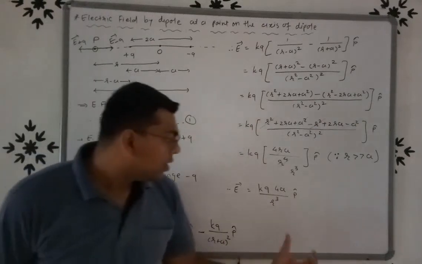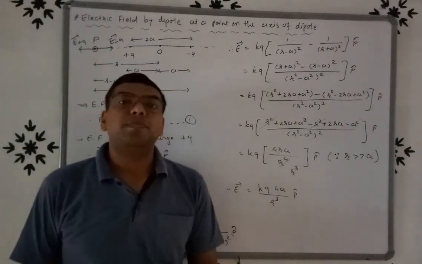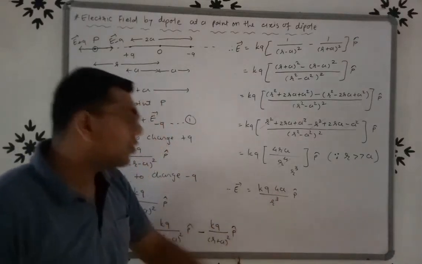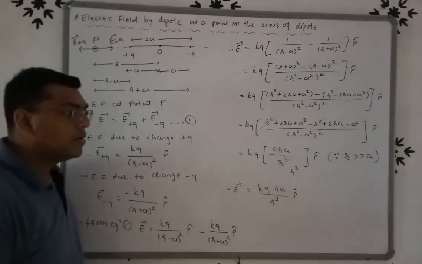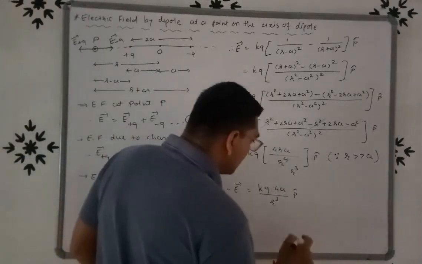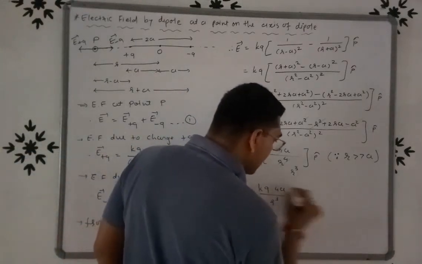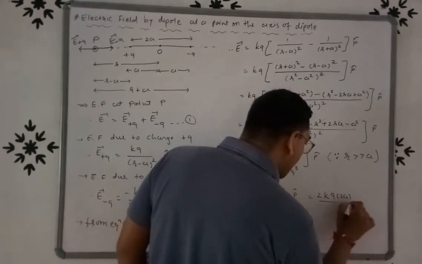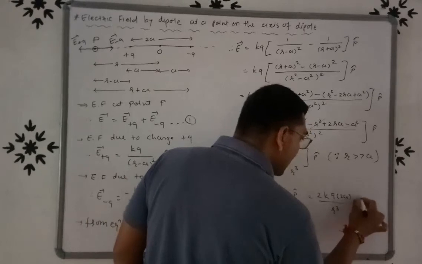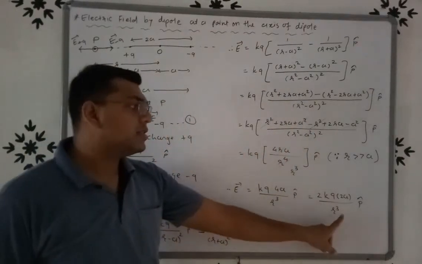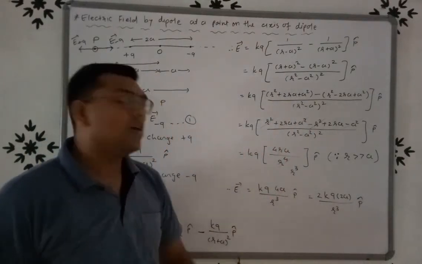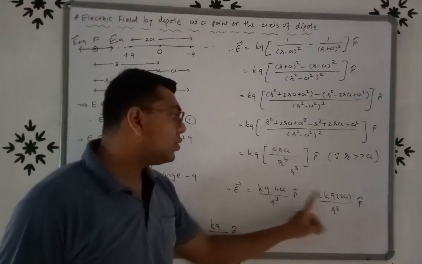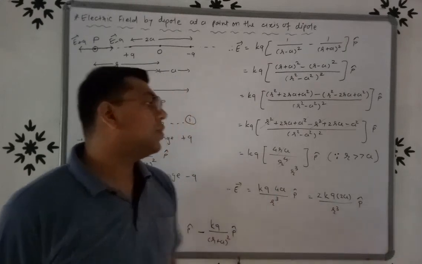Now we already know that p is equal to q into 2a, right? So here 4, we can write as 2 into 2, like this: 2k q into 2a upon r cube p cap. See this, same, right? Instead of 4 we write 2 into 2. So 2k q into 2a upon r cube into p cap.